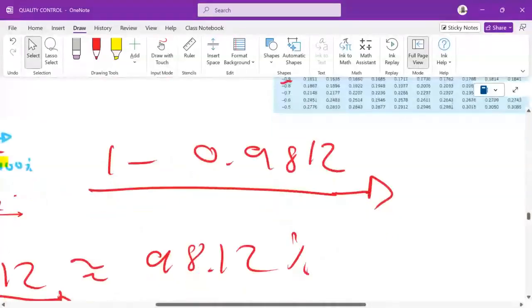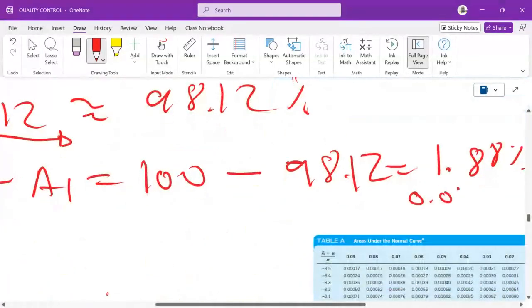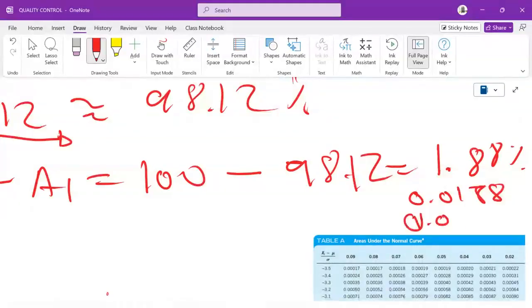Now answer according to the table. If we're looking at it from a negative point of view, when you multiply by 100, it gives you that 1.88. It still gives you that, if you look at it from the negative point of view.